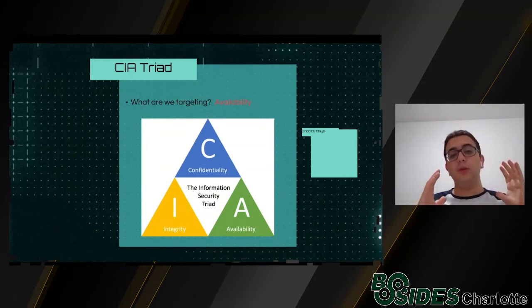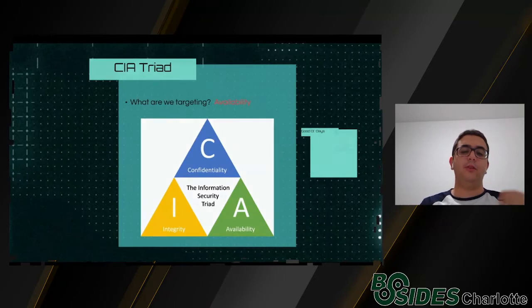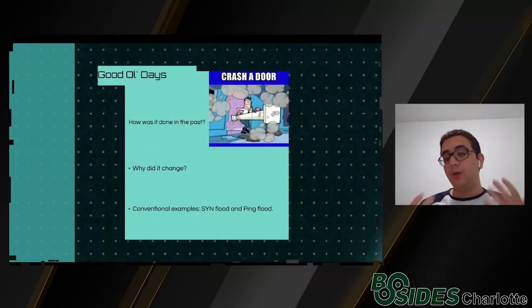Before we go into application-level denial of service attacks, let's go into the more conventional denial of service attacks. Denial of service attacks refer to attacks that aim to disrupt the availability of the system. Whenever we talk about denial of service attacks, we talk about attacks that aim to make the system unavailable.